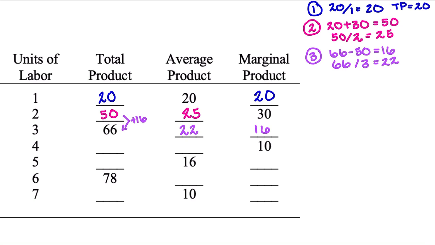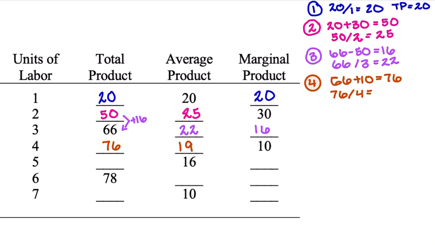For worker 4, our marginal product is 10, which means we are going to add 10 to our total product, which means our total product is going to be 76. And then we're going to have 76 divided by 4 for our average product, which is going to be 19.